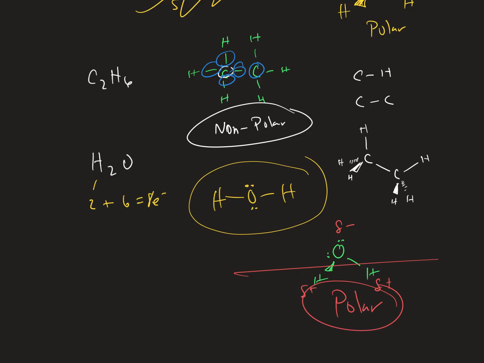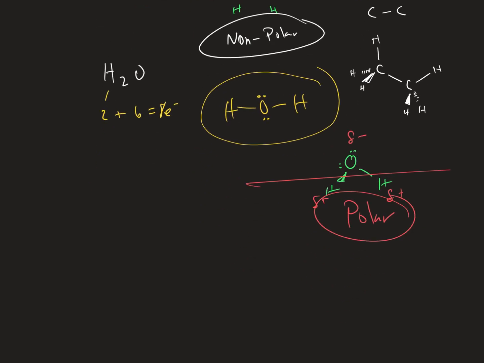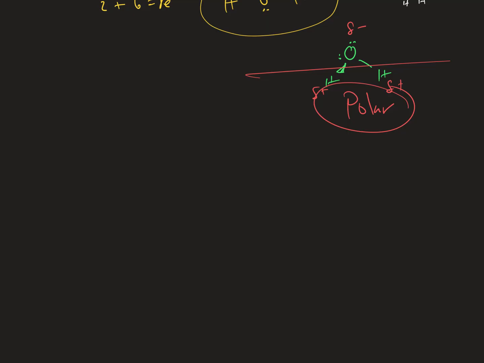Any one of them that you want to try together? Or do you want to just try these on your own? CH2F2. Yeah, that's a good one. So let's draw the Lewis structure.